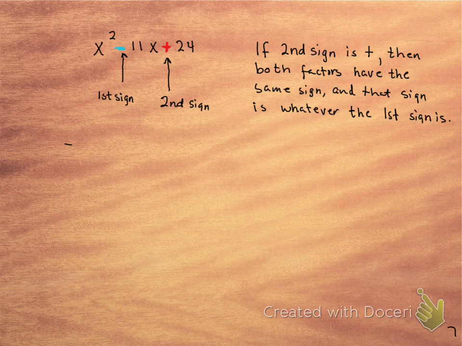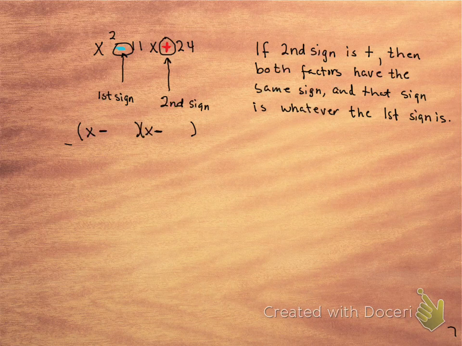In other words, this second sign right here is a plus. Because that's true, the sign that goes in each one of these factors is going to be whatever the first sign is, which is a negative, okay?